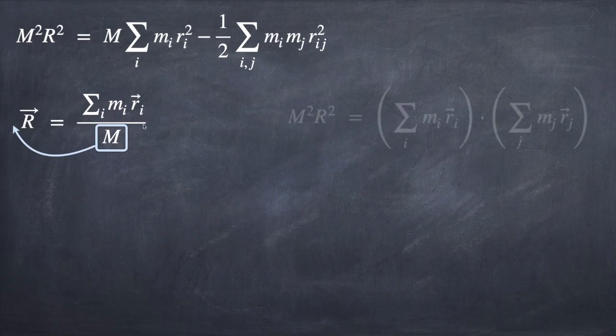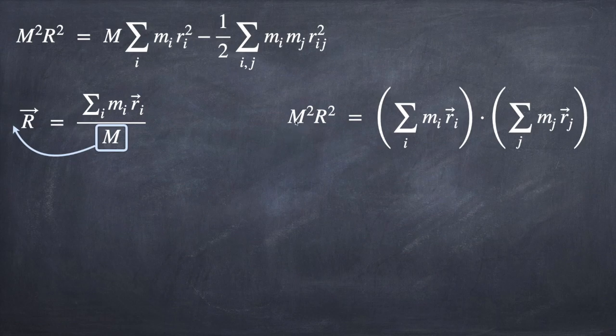And if we square this equation, we obtain M squared R squared, which is exactly what we are trying to prove, being equal to this summation multiplied by another summation.